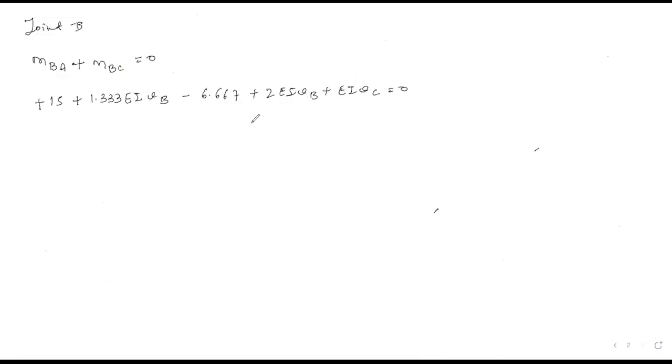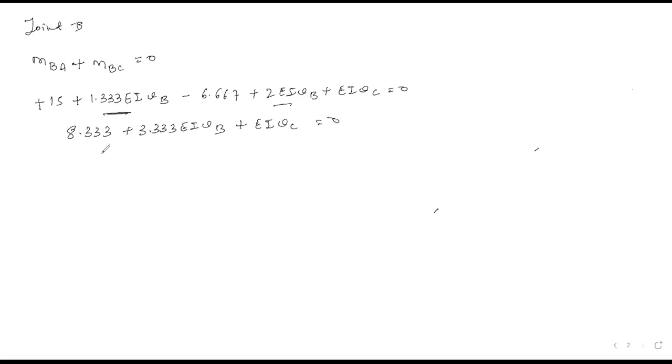Right? Just simplify it. We will get plus 15 minus 6.667, that is 8.333, plus 1.333 plus 2, that is 3.333, plus EI theta C, that should be equal to 0.